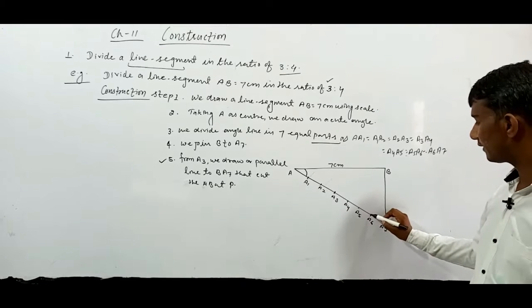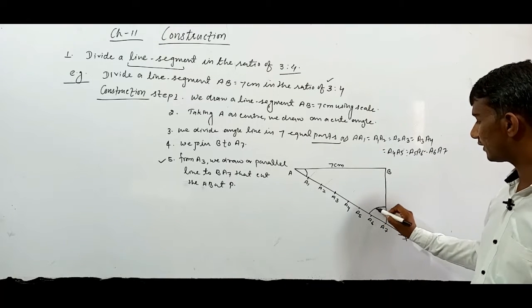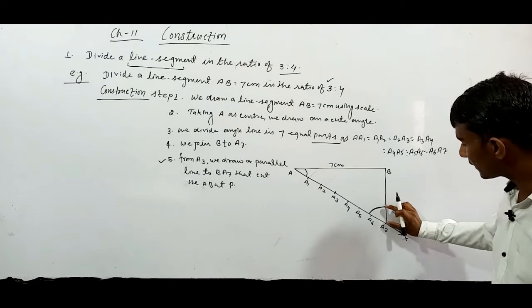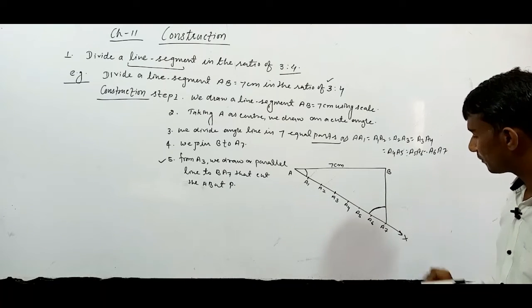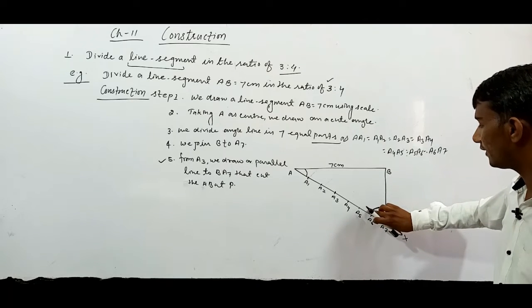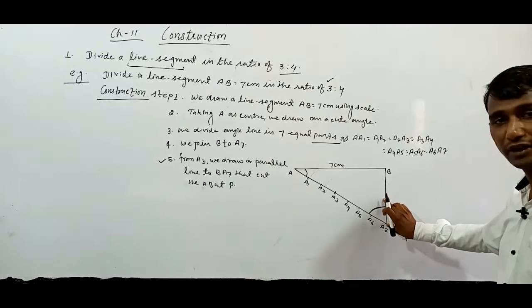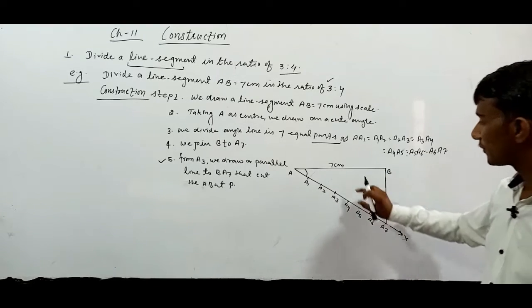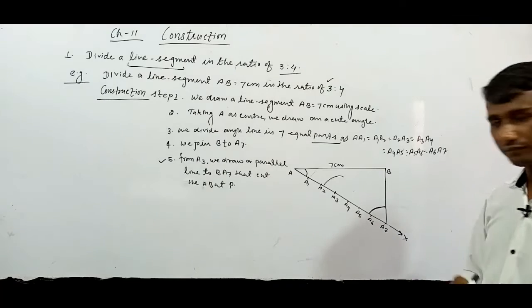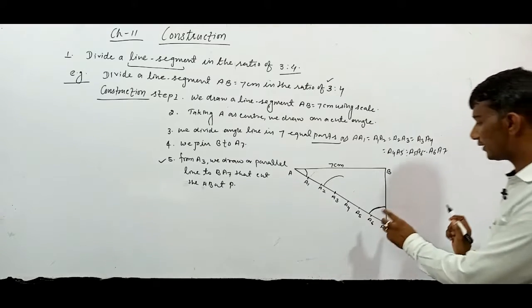We have measured this angle. How to measure? You open the compass, take A7 as the center, open the compass to any radius and draw an arc. In this way you have drawn the arc. In the same way you draw the same arc here, using the same radius.